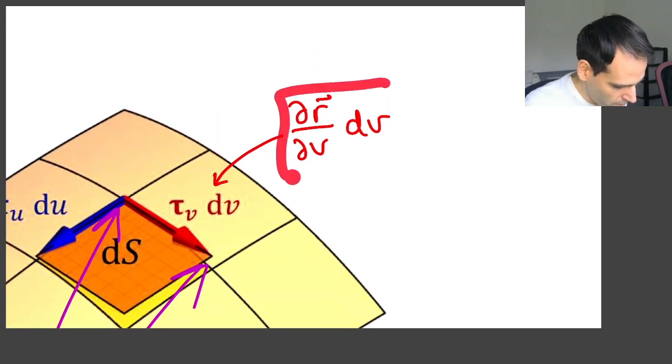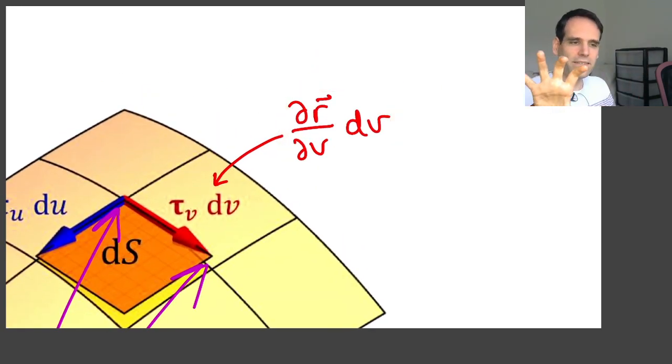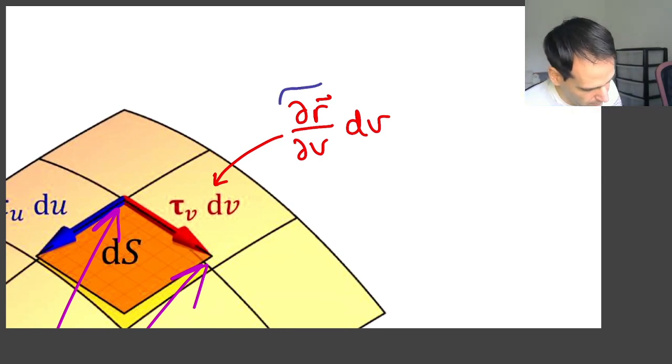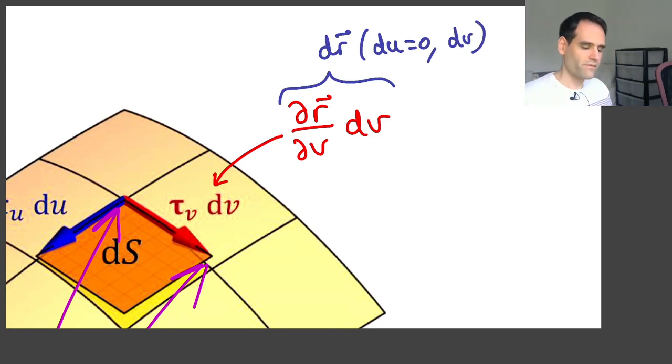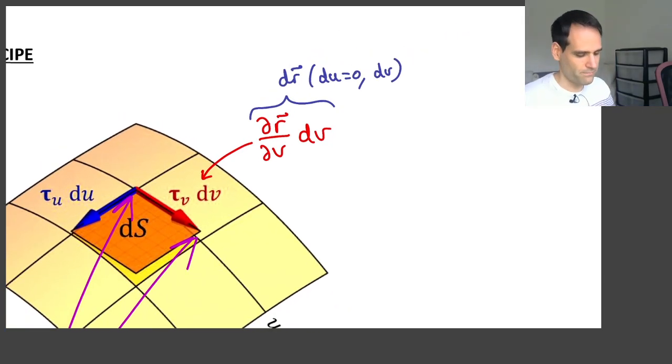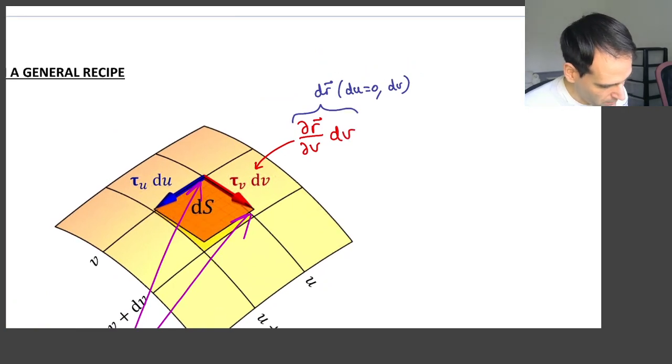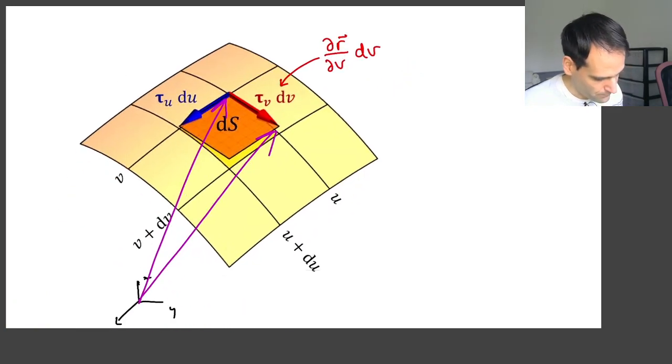By now, this kind of expression, having a derivative times a differential, should be very familiar to you. It's like saying what dr is. What's the increase in r when du is 0, but dv is not 0? This is the differential of r. Okay, so this is the vector, the red arrow there.